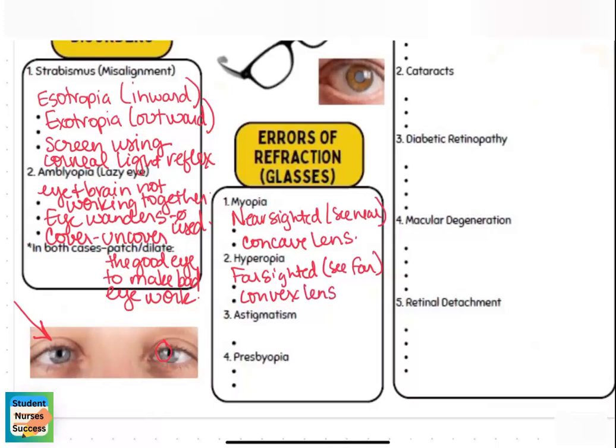This becomes important when we put on glasses. When the glasses are made for the individual, they'll assume the opposite shape to kind of make up for either the concave or the convex shape of the lens. Now, astigmatism is an irregular curve.